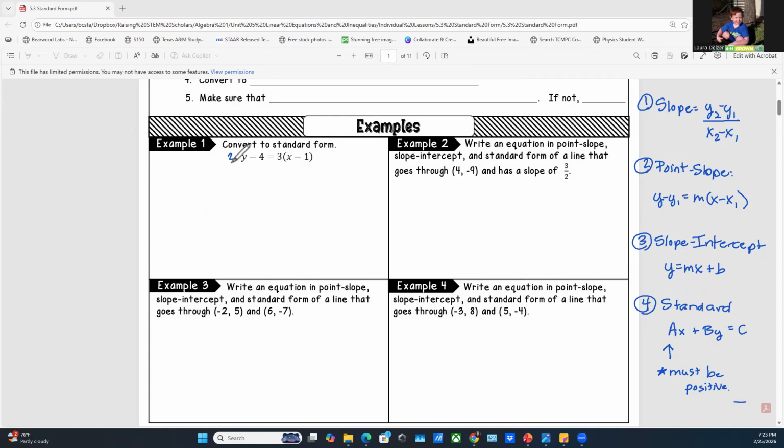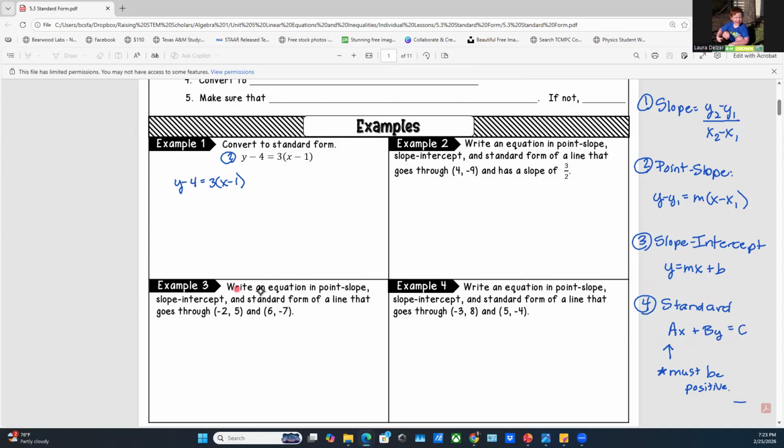I'm going to write a number 2 next to it because that's the form of the equation that it's in. So when I look at this guy, the first thing I've got to do is start breaking all this down. For us to get to standard, there are no parentheses.